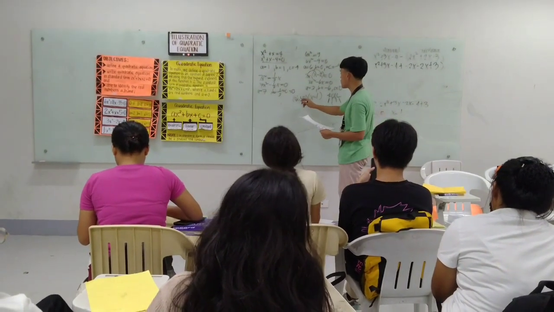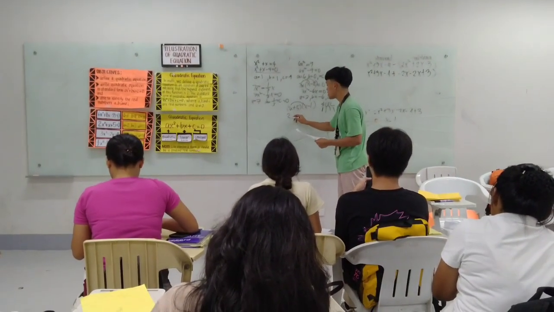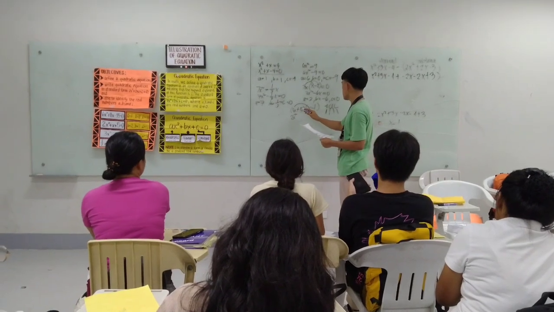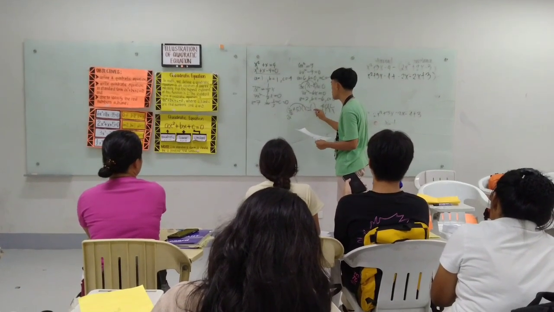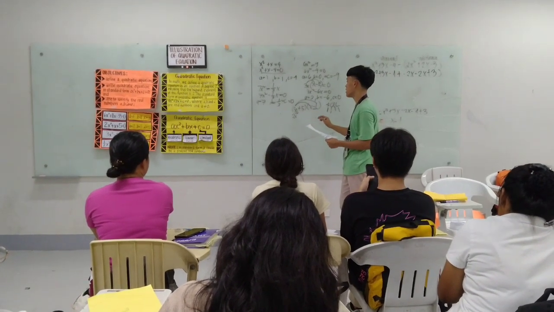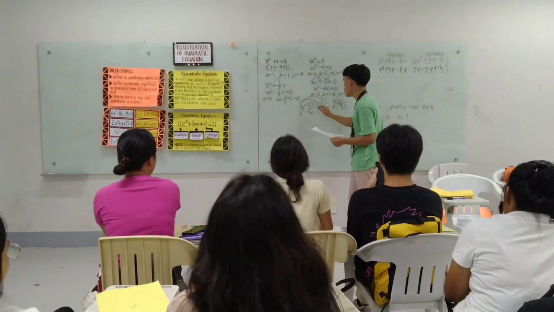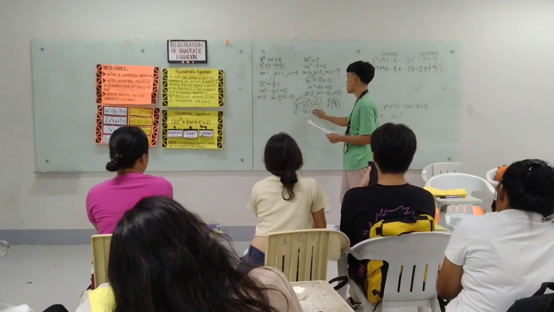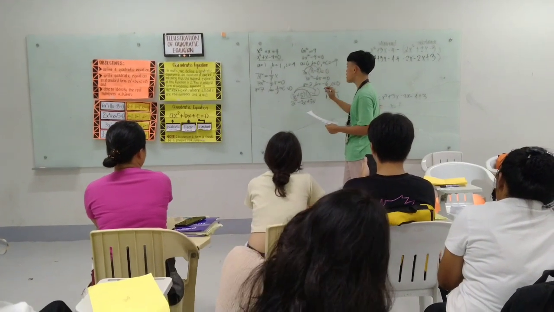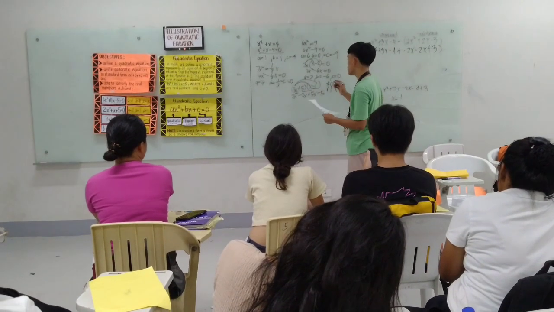So 2x times x, 2x squared. Now the outer term, 2x times negative 1, negative 2x. Now the inner term, 5 times x, 5x. Then the last term, 5 times negative 1, negative 5.